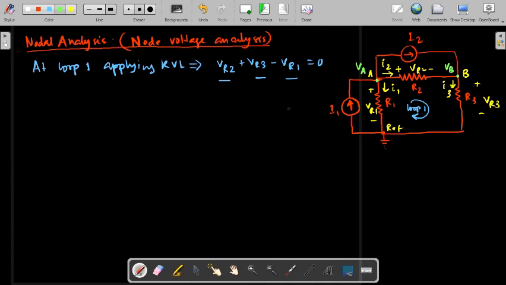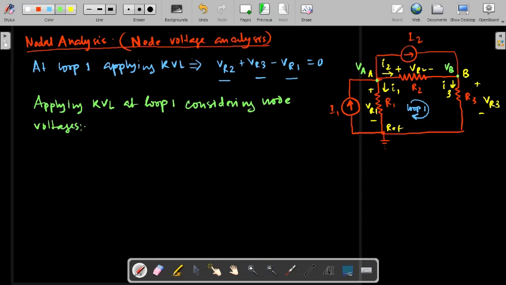for this particular loop, if we apply KVL at loop 1 considering node voltages, then you see over here, for this particular resistance R1, the branch voltage VR1 and the node voltage at node A are the same.